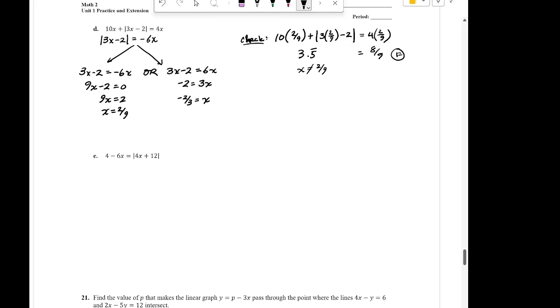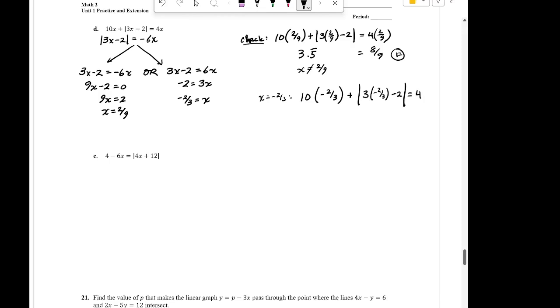So the next one is negative 2/3. So check x equals negative 2/3. If we plug that in, that's 10 times negative 2/3. And we're adding the absolute value of 3 times negative 2/3 minus 2, absolute valued.